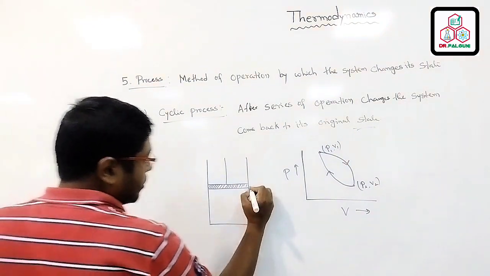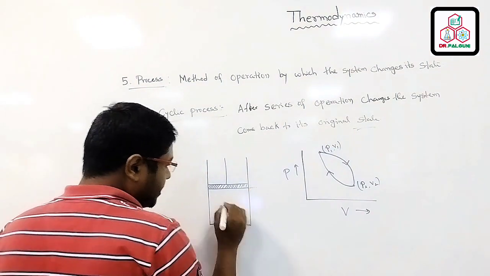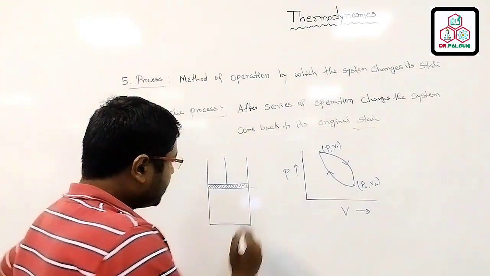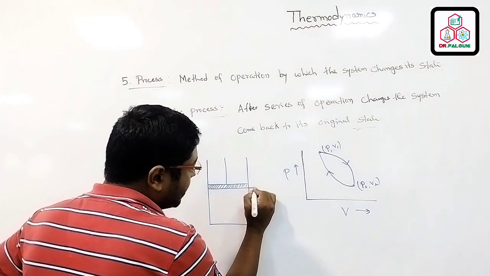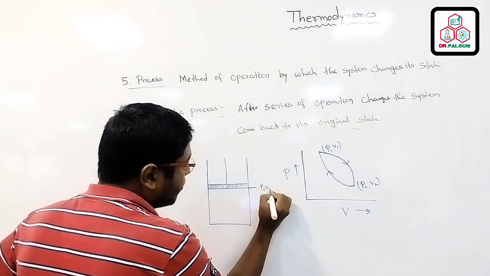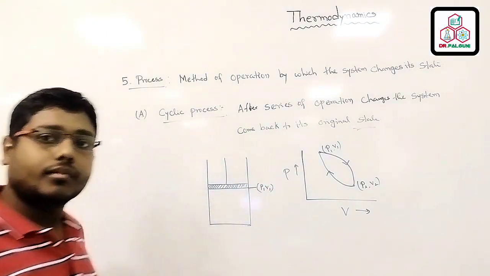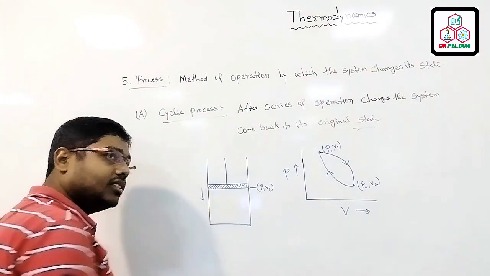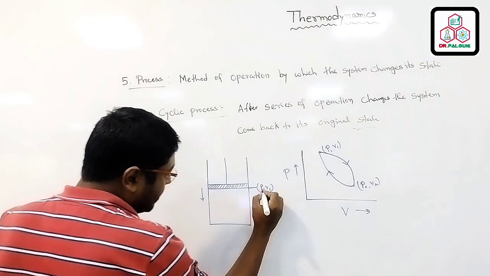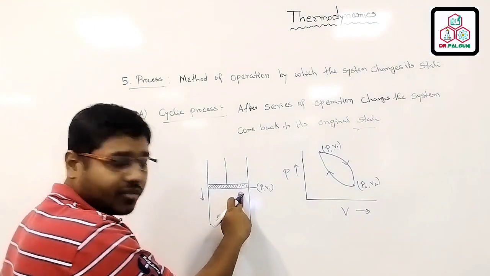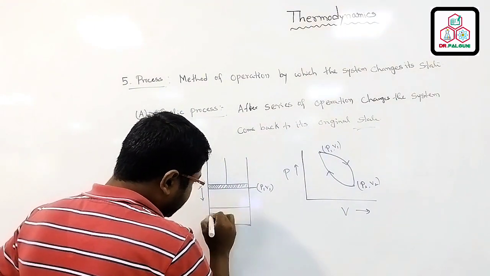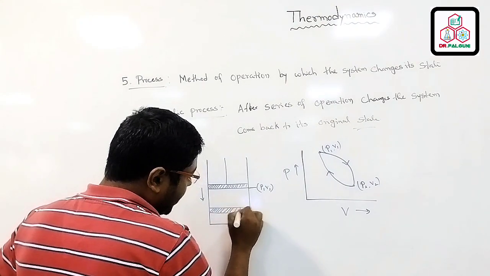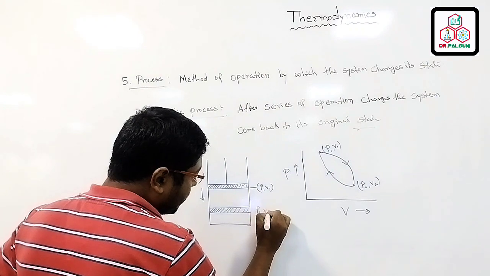So this is the initial stage. It is filled with an ideal gas, right? So you can say this is P1, V1. If the piston goes downside this way, this is the final stage of the piston. So you can say this is P2, V2.